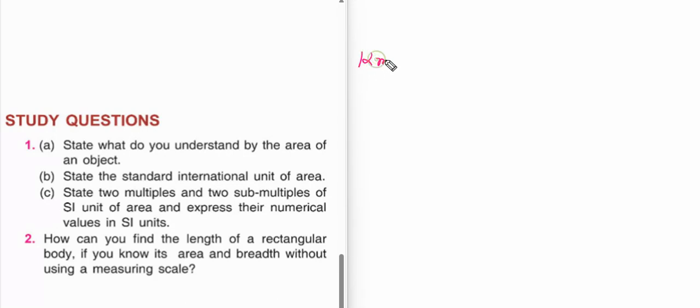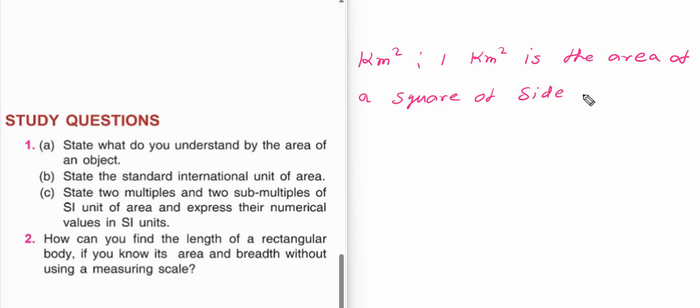What is kilometer square? 1 kilometer square is the area of a square of side 1 kilometer.